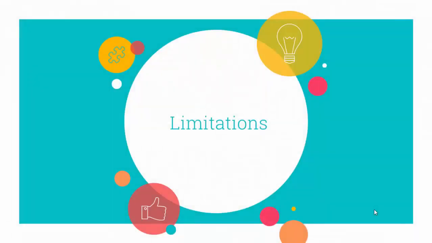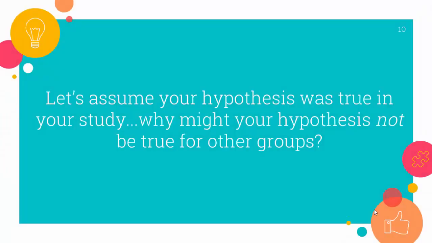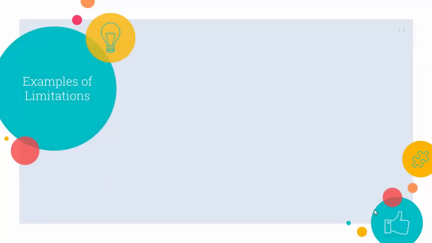And then moving on to limitations. Limitations are factors that threaten the transferability of the implications of your study to larger populations. So let's just say that in your study, your hypothesis ends up being true. But a limitation would be, why might your hypothesis not be true for other groups? What factors might make your study not applicable to other groups?